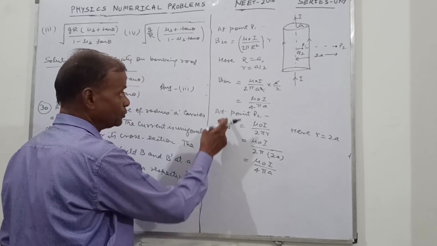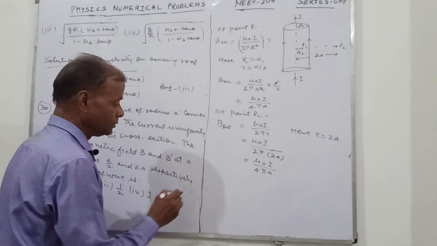Mu naught I upon 4 pi a. Both are equal.